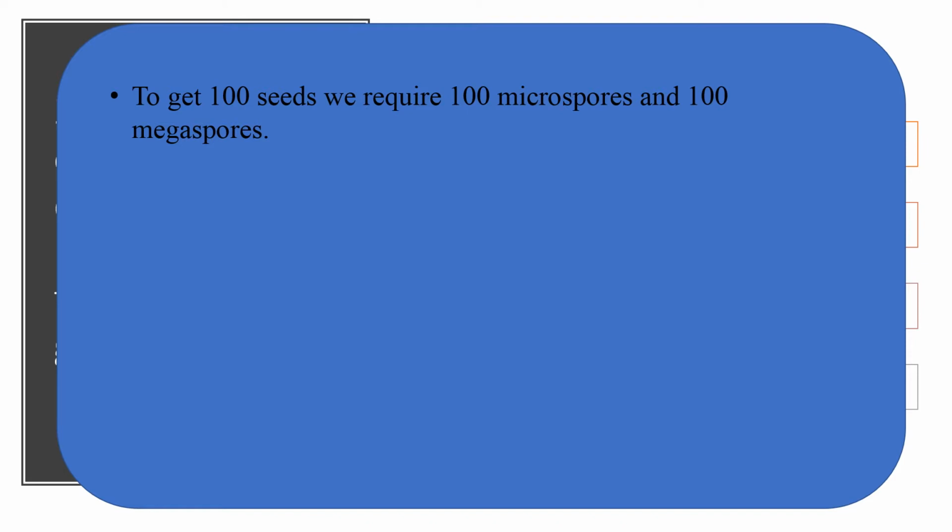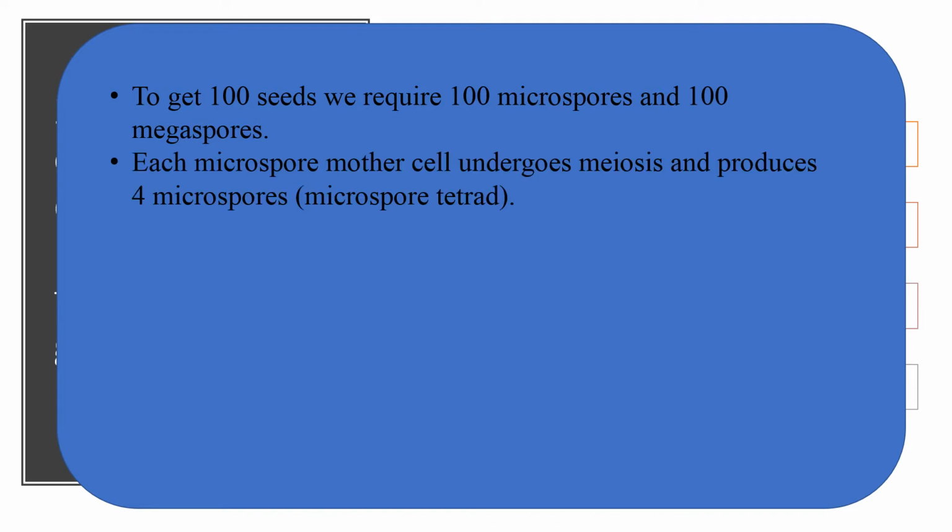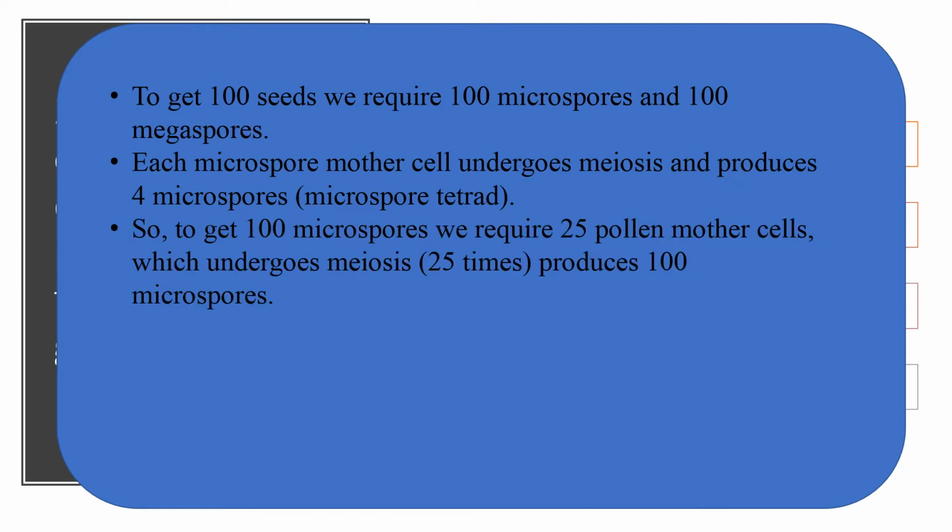And now the question is, how are 100 microspores formed? We know that one pollen mother cell produces 4 pollen grains through meiosis. So to get 100 pollen grains, 25 pollen mother cells are required. So there are 25 times of meiosis. So that indicates to get 100 microspores, 25 meiotic divisions are required.